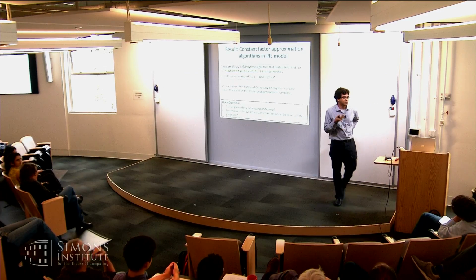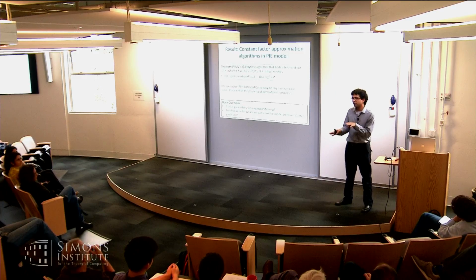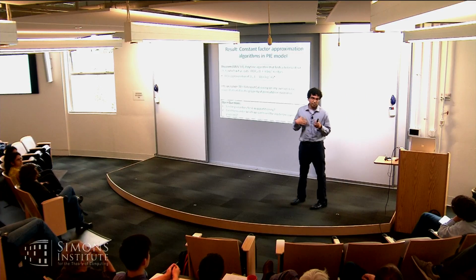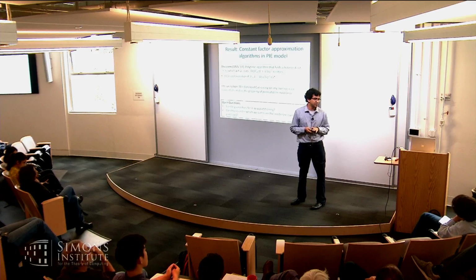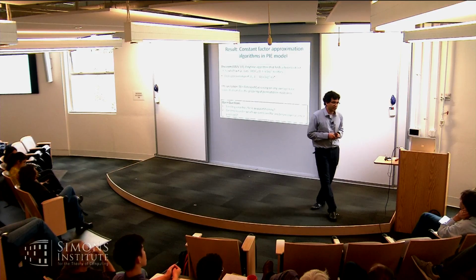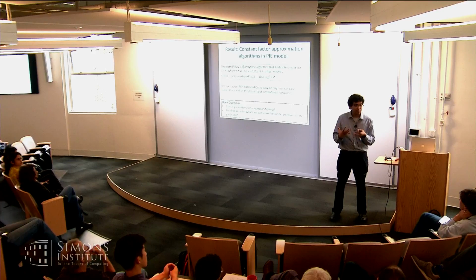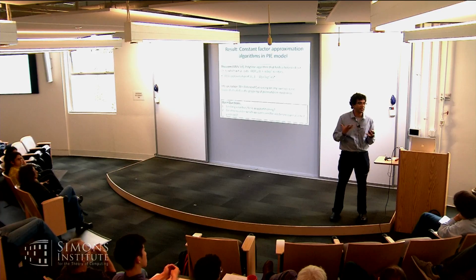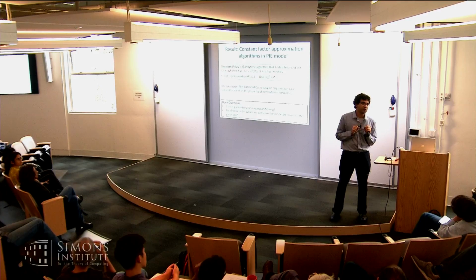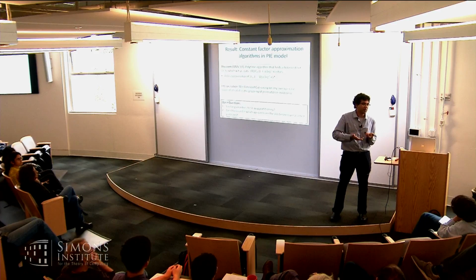So the algorithm uses semi-definite programming. It's actually the same semi-definite program that's used in the worst case, but it shows some additional structural properties about the semi-definite program. In particular, it says that the semi-definite program is partially integral. The semi-definite program defines lengths of edges, and these could take arbitrary values from 0 to 1.